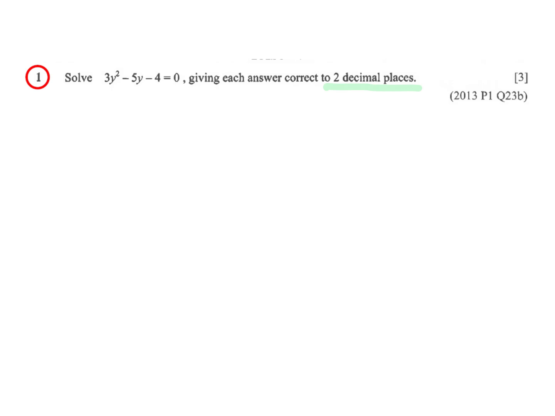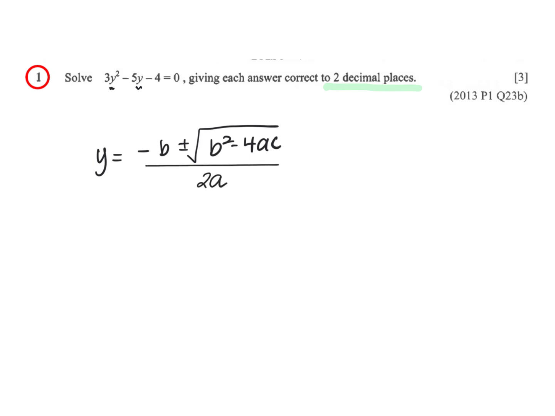So in this case, we know it's no longer x because now the question over here is y. So y will be equal to negative b plus or minus square root b squared minus 4ac over 2a, right? So usually I will encourage all my students, because it's highly likely that you will make a common mistake, to just put brackets all the way.